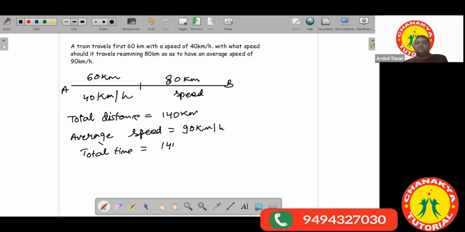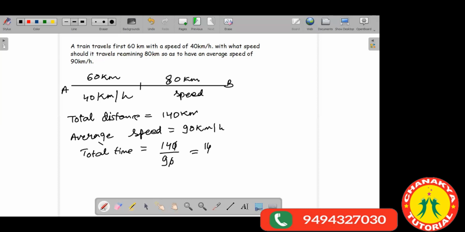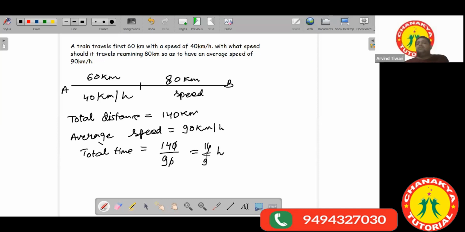Distance is 140 divided by speed, which is 90. So you get 14 by 9 hour. We do not convert it to decimal since it is a non-terminating repeating decimal. Let it be in fraction only. We'll convert it to decimal at the last.